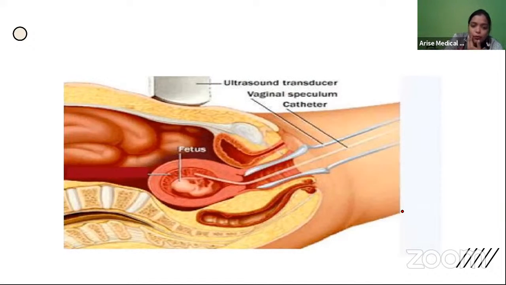Can you tell me what is this procedure? Do you want to guess what is this procedure? Yes, I want you people to answer, what is this procedure?